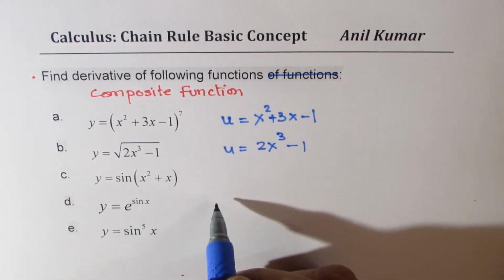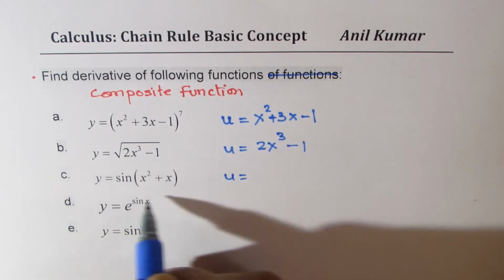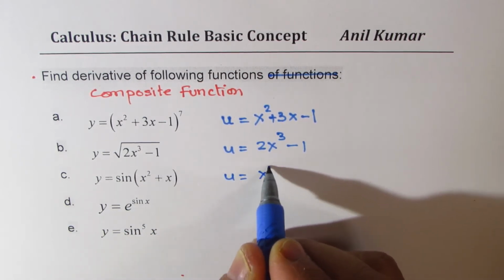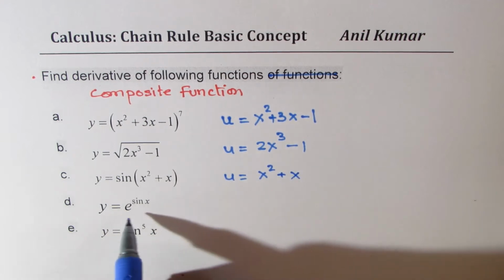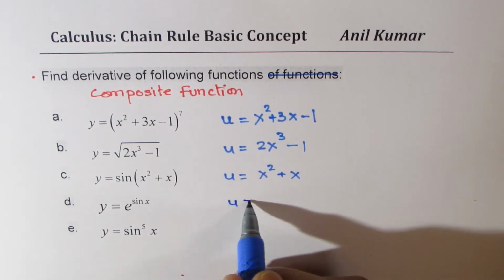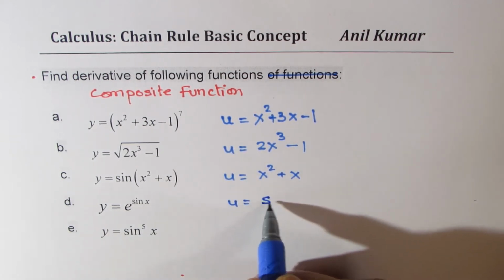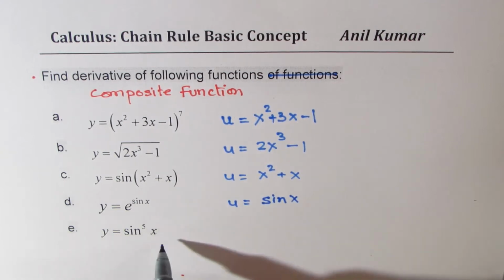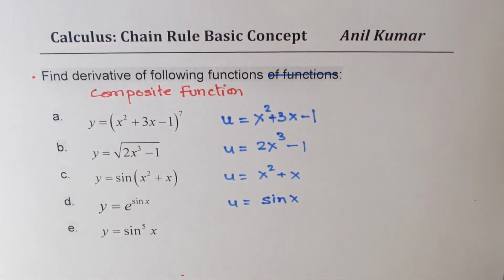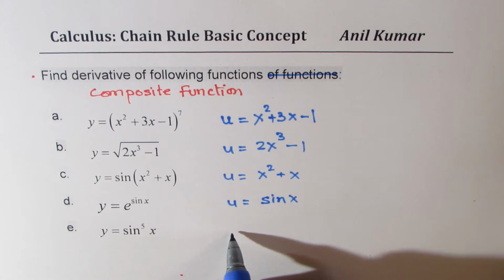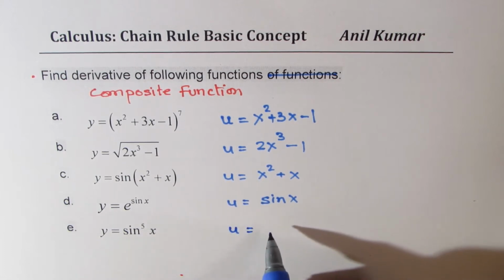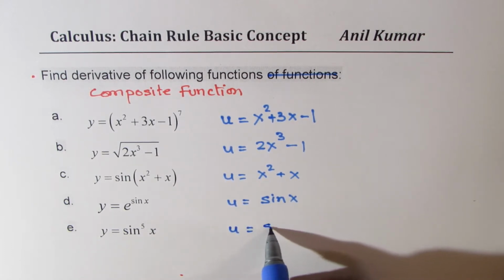In the third case, we could define u as x squared plus x. Now we can define u as the exponent sine x. And in the last case, we could define the function sine x as u.